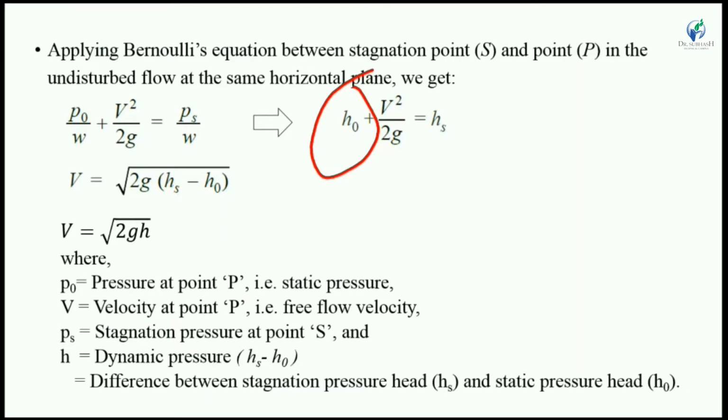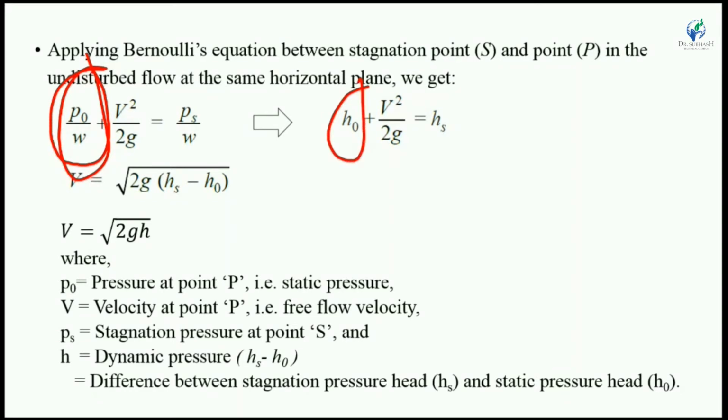P0 upon specific weight is the pressure head at point P and PS upon specific weight is the pressure head at the stagnation point. Both pressure heads are denoted by H: the pressure head at point P is H0 and the pressure head at the stagnation point is HS.